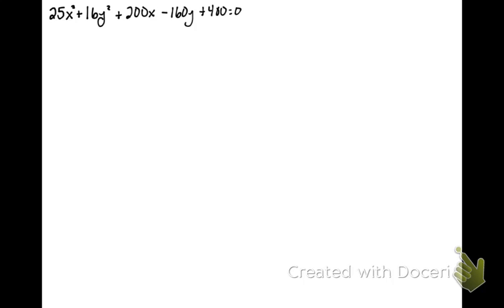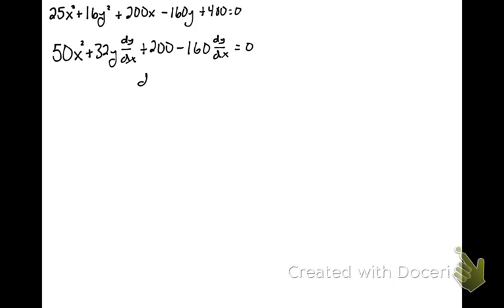The derivative by implicit differentiation would be 50x squared plus 32y dy/dx plus 200 minus 160 dy/dx plus 0, and that will equal 0. I'm going to solve this for dy/dx by isolating things.